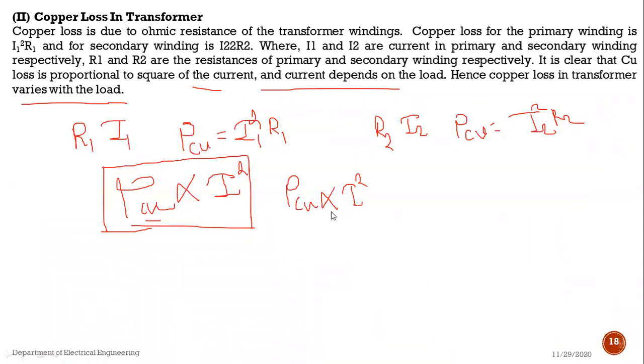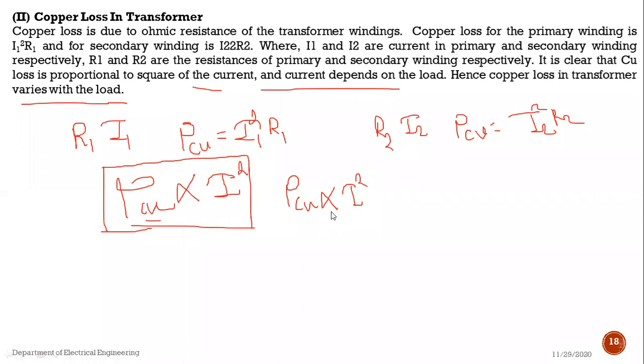Okay, so see, in the case of the transformer there are only two types of losses, that is iron loss and copper loss. Mechanical losses are not present because it is a static device. There is no rotational part or rotational mechanism, so the rotational or mechanical losses will be absent. Only two types of losses, iron loss and copper loss.